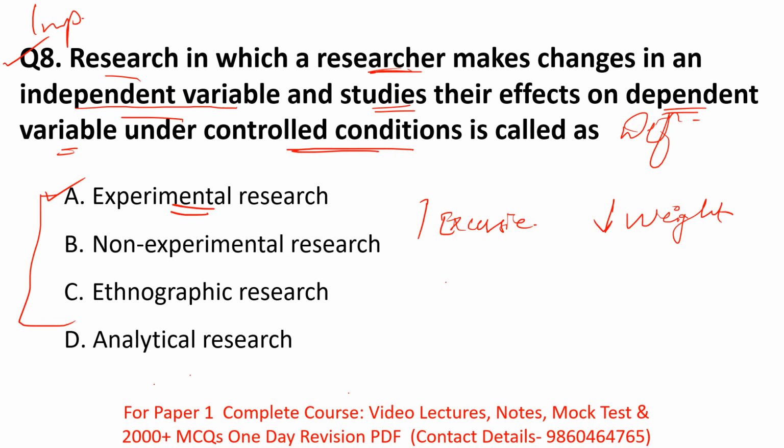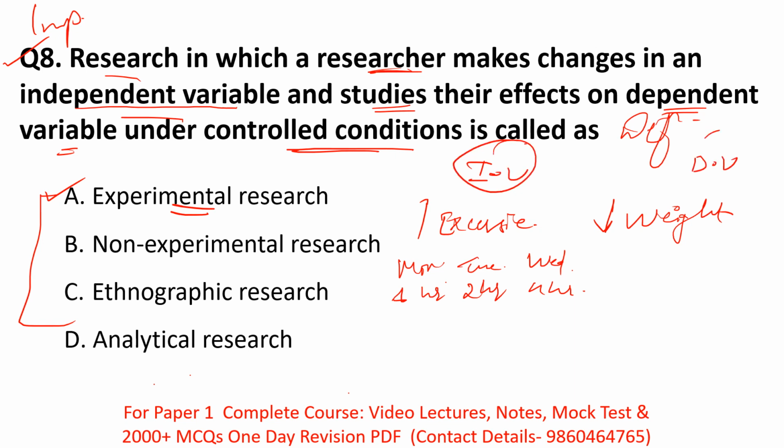Let's say on Monday I exercise for only 1 hour, on Tuesday for 2 hours, on Wednesday for 4 hours, and so on. So I'm increasing my exercising time, which means I'm changing my independent variable, because exercise is the independent variable and my weight is the dependent variable, since I'm seeing its effect on the dependent variable.